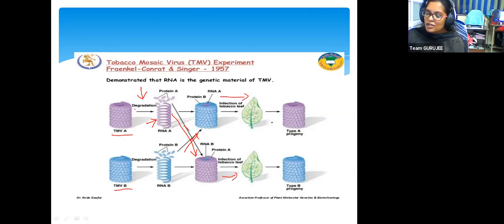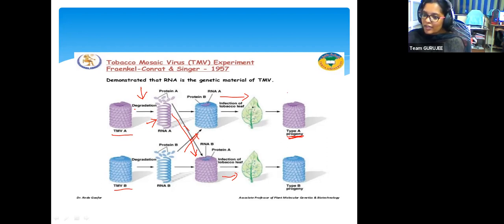Okay, so after the infection, with the help of a microscope, they view the cells. What they observed is the progeny. What is progeny? Progeny is the offspring, the reproductive form of a microorganism.